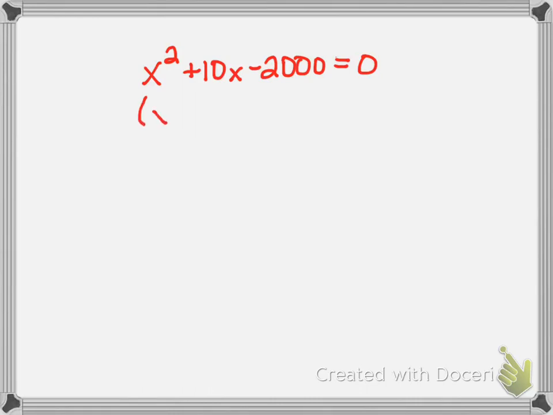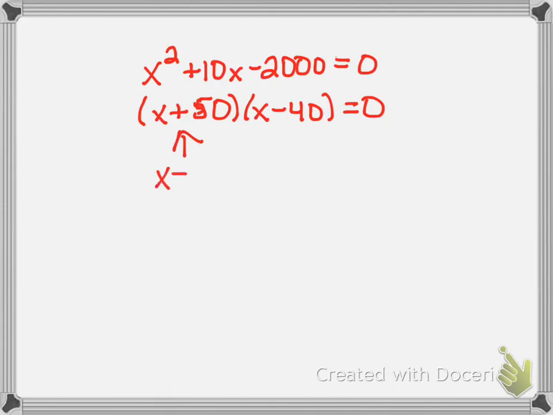This factors as x plus 50, x minus 40. And so this factor would give us a solution of x equals negative 50, and this factor would give us a solution of x equals positive 40.